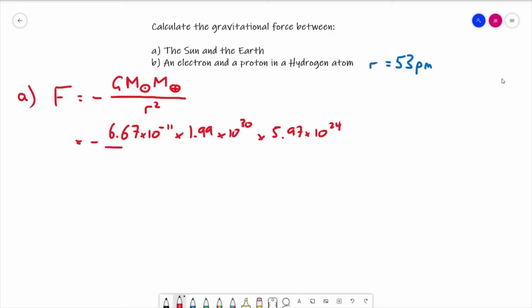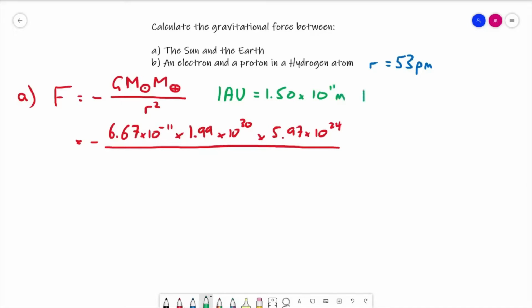Now for the distance, you may have taken a little bit more searching to find the distance, but what you should find in the data sheet is the definition of 1 AU. Now AU stands for astronomical unit, and the astronomical unit is the mean distance, the average distance between the Sun and the Earth, which on the data sheet is given as 1.50 times 10 to the 11 metres.